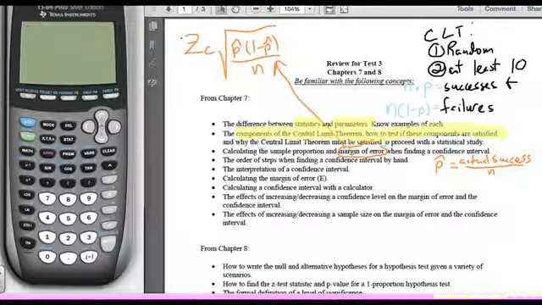The order of steps when finding a confidence interval by hand. Step 1, you want to find p hat. Step 2, you want to check the central limit theorem. Step 3, you want to find the margin of error. And the fourth and final step, the step we haven't discussed yet, is to take p hat minus E, your margin of error, and then p hat plus E. That gives you your confidence interval.